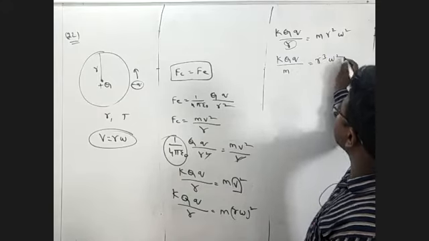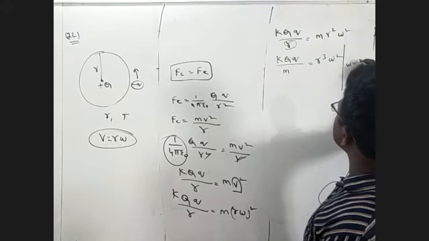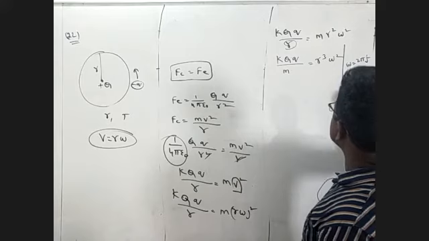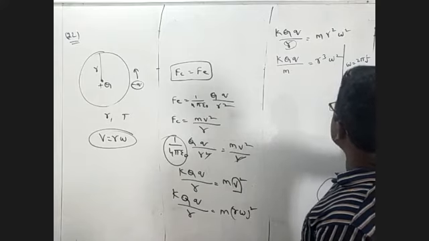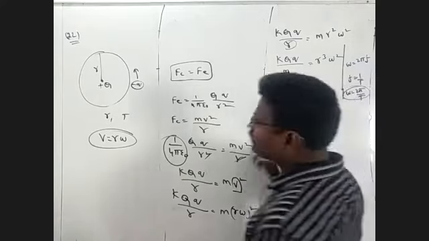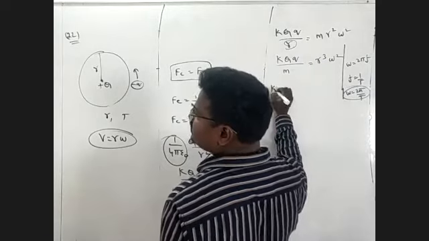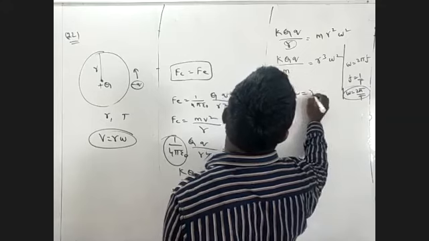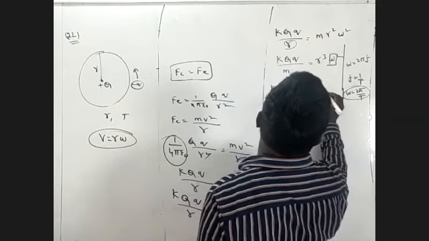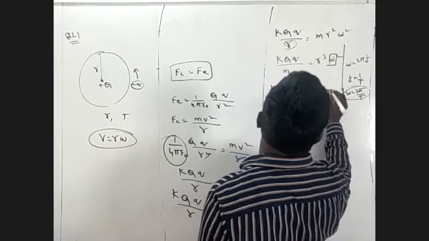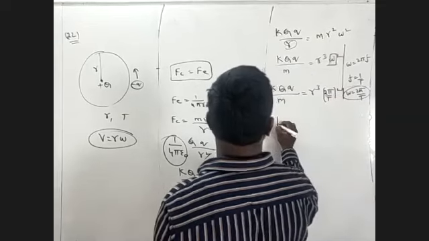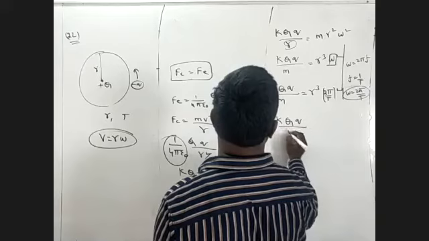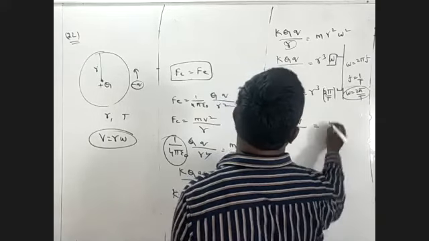Omega means 2 pi f, and f is equal to 1 by T, so omega is equal to 2 pi by T. So k capital Q small q by m is equal to 4 pi square by T square times r cube.